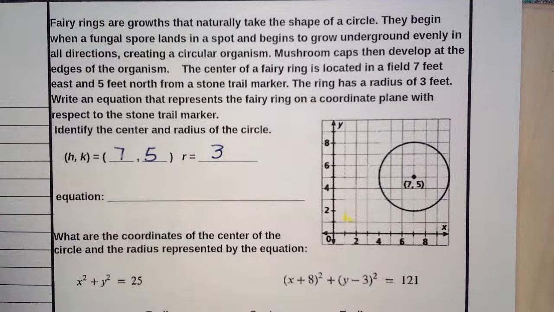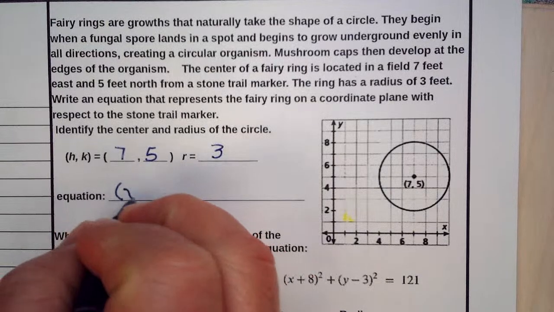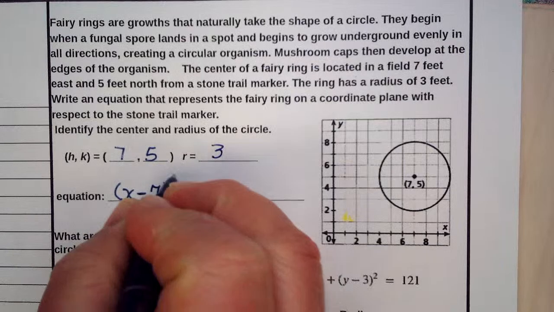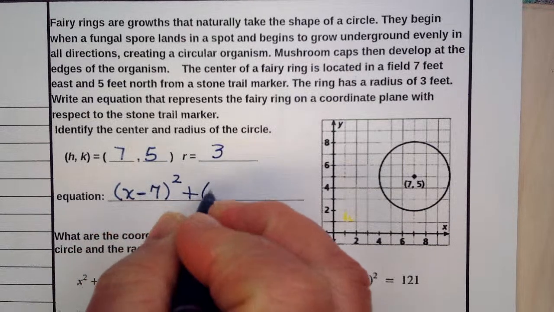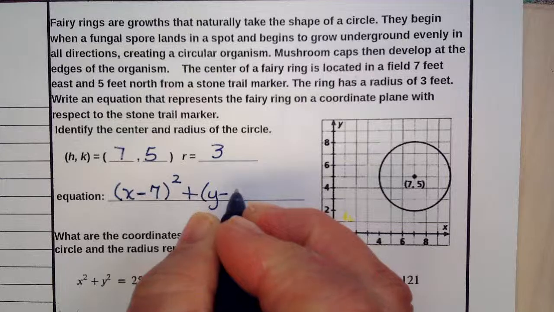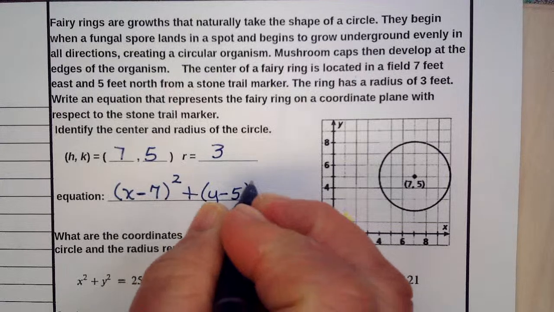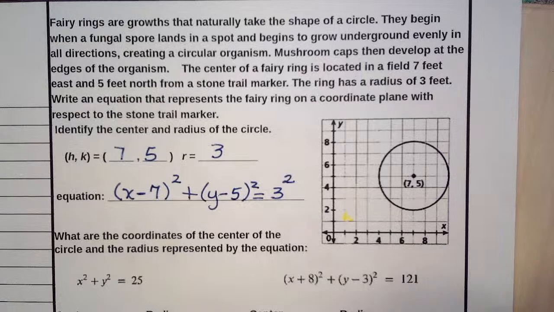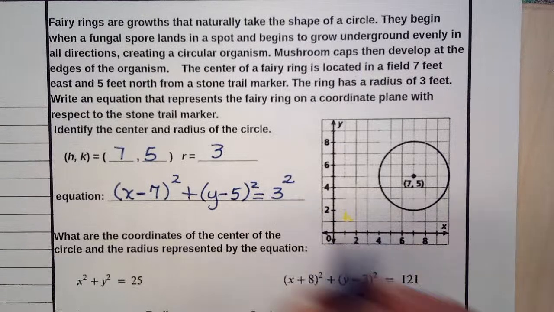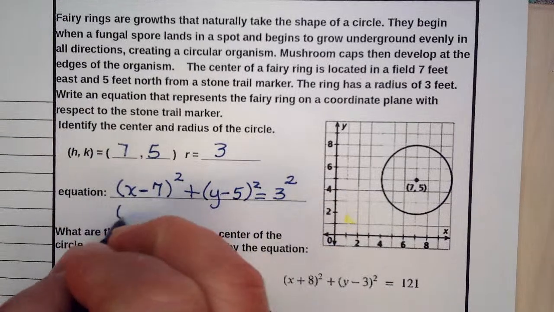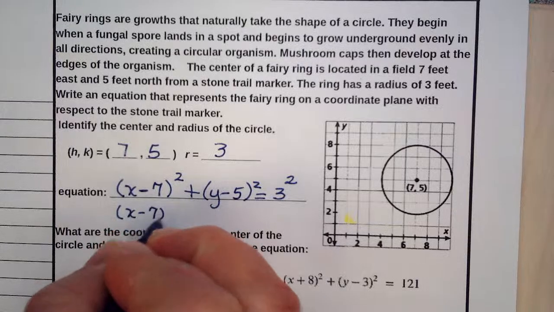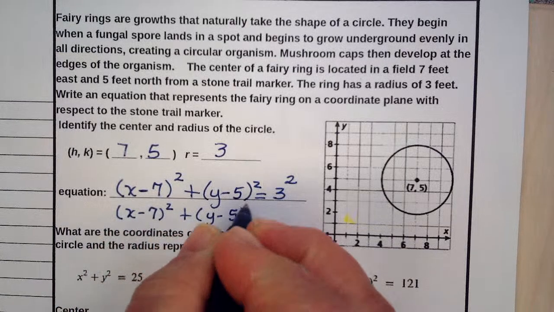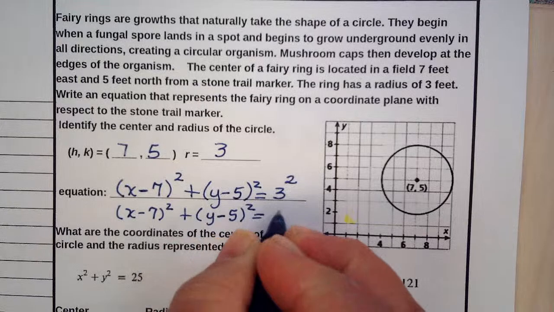What is my equation? x minus, what's my h? 7, square it, plus y minus, what's k? 5, quantity squared, equals 3 squared. You could leave it like that, or you can do the 3 squared. It would be (x - 7) squared plus (y - 5) quantity squared is equal to 9.